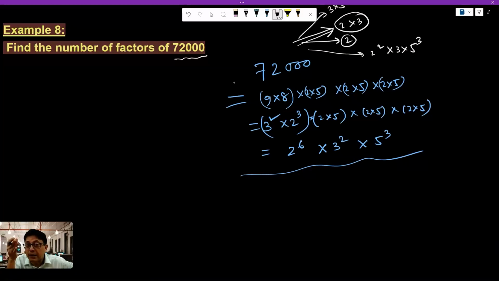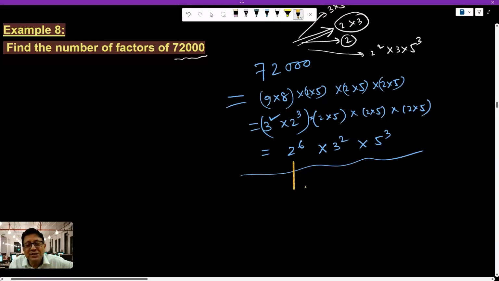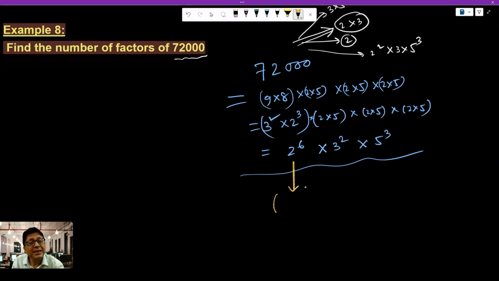In a factor, not a prime factor, I can take one element or I can take none. So how many choices are there for 2? For 2, it can occur once or twice or thrice or 4 or 5 or 6 times or none of the times.